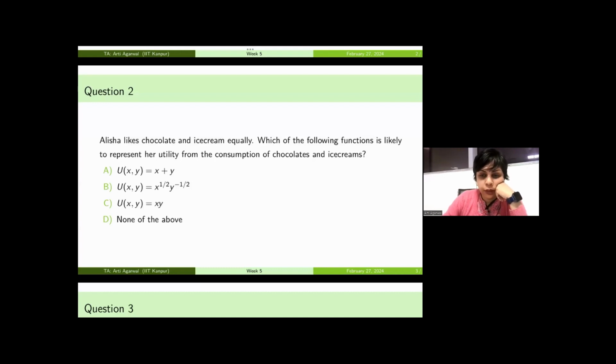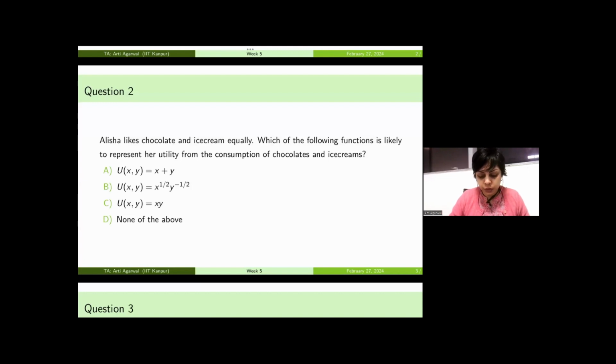Okay, so any answers? You can post your answers in the chat. Nobody has answered. Okay, so I'm thinking that this part is not very clear.